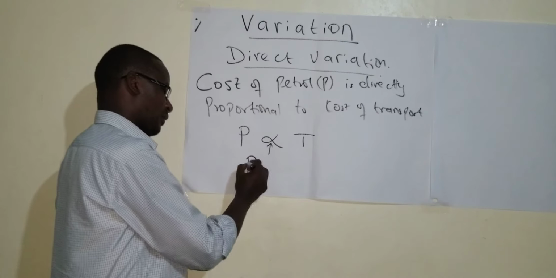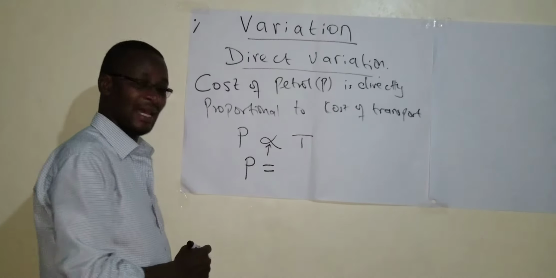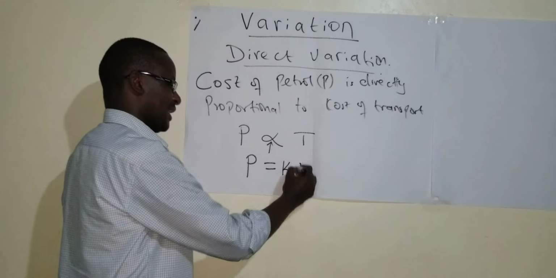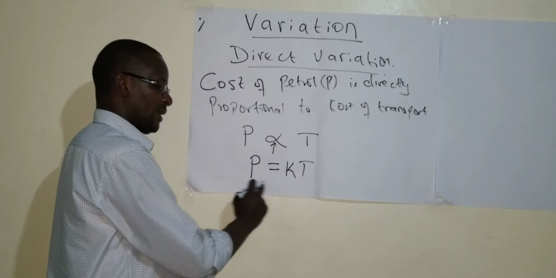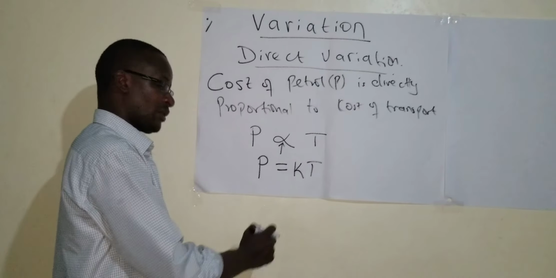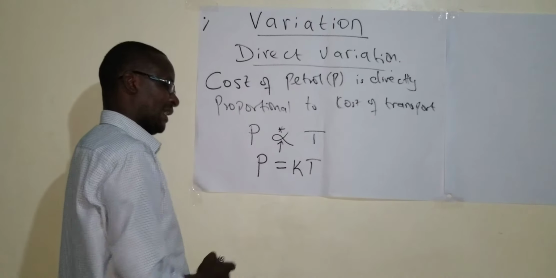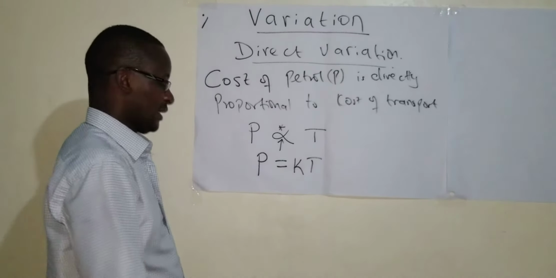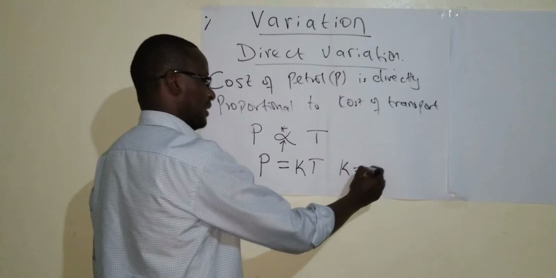So the moment we change the proportionality sign to an equal sign, we have to introduce a constant. So we have an equation now, P equals KT. So when you are changing the proportionality sign to equals, you have to introduce a constant. So here, K is a constant.